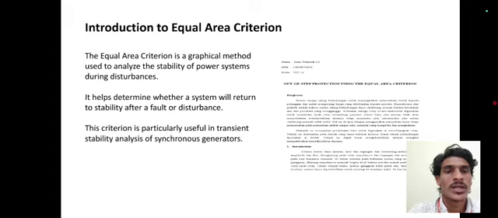It helps determine whether a system will return to stability after a fault or disturbance. This criterion is practically useful in transient stability analysis of synchronous generators.